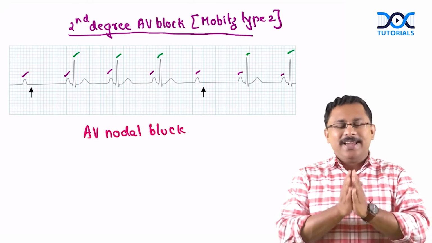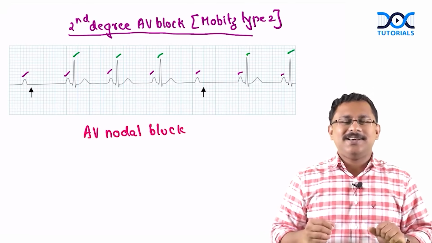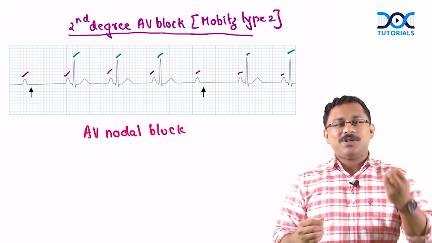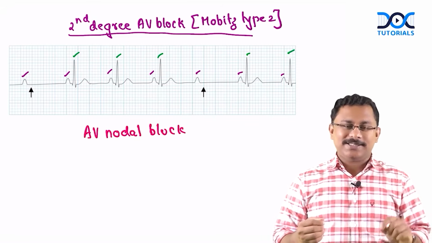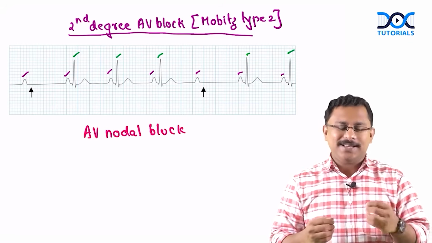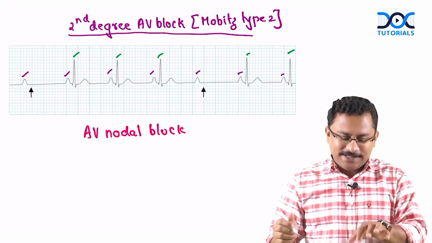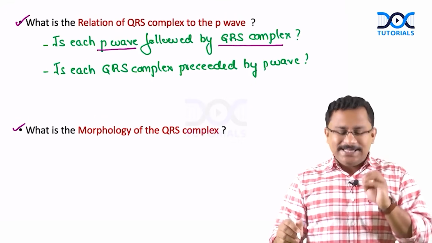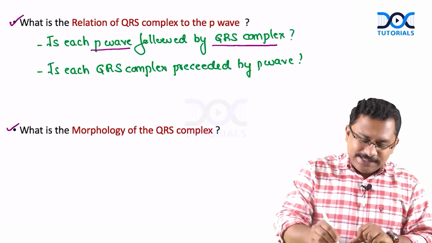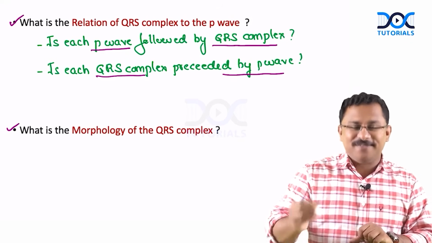So when there is an AV nodal block, definitely the impulse won't be transmitted across, and you see here the P wave was not followed by a QRS. So that is the first sub-question you have got to answer, whether each P wave is followed by QRS complex. Now the second sub-question is, is each QRS complex preceded by P wave?